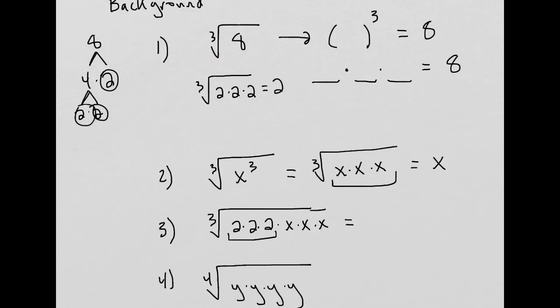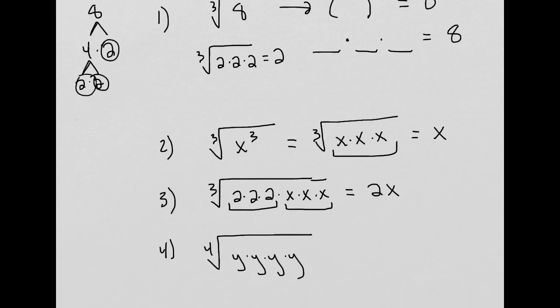So here I've got the cube root of 2 times 2 times 2. That means I'm going to get 2 from that. In other words, I can pull a 2 out. And then when I look at my x's, I've got 3 factors of x. That means I get x out of that, or I can pull an x out. So the cube root of 2 times 2 times 2 times x times x times x is just 2x.